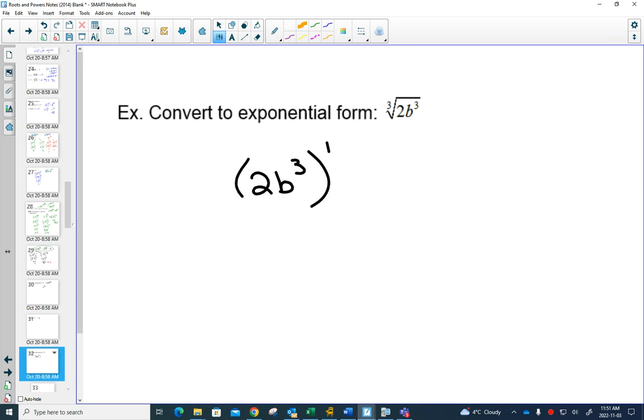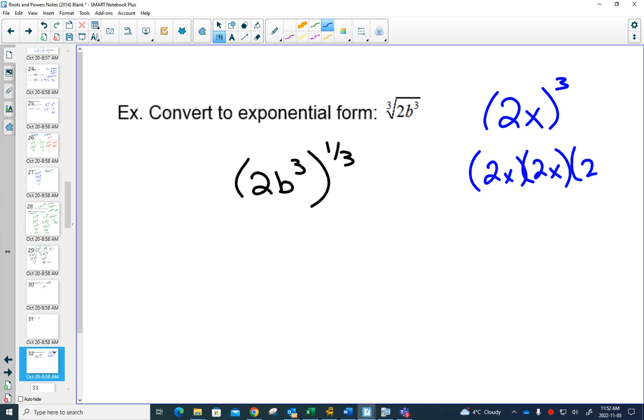2b cubed to the 1/3. Do you remember your exponent law if you had something like this? When you have two things and you have an exponent. Does it make sense to you that this would be 2x times 2x times 2x? And so your exponent law that you remember from grade 9 is that the cube goes to the 2 and the cube goes to the x.